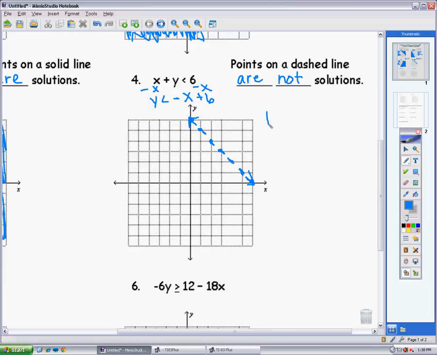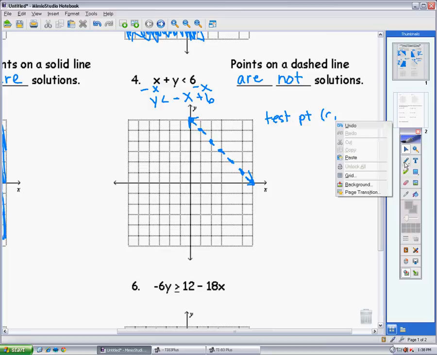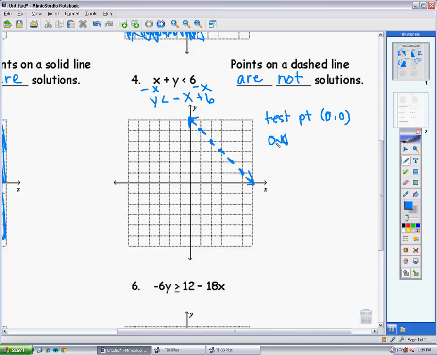Now I do need my test point again. I'm going to use 0, 0. So I'm going to put in 0 for y. Actually, it'd probably be easier to go back to the original, because then that would be 0 plus 0 is less than 6. Is 0 less than 6? Yes, it is.